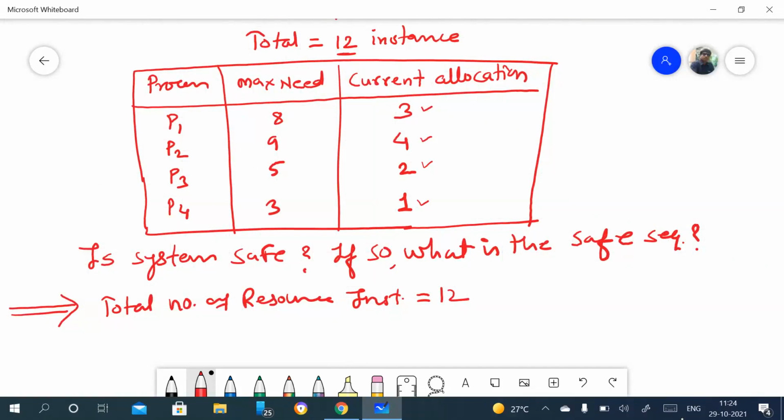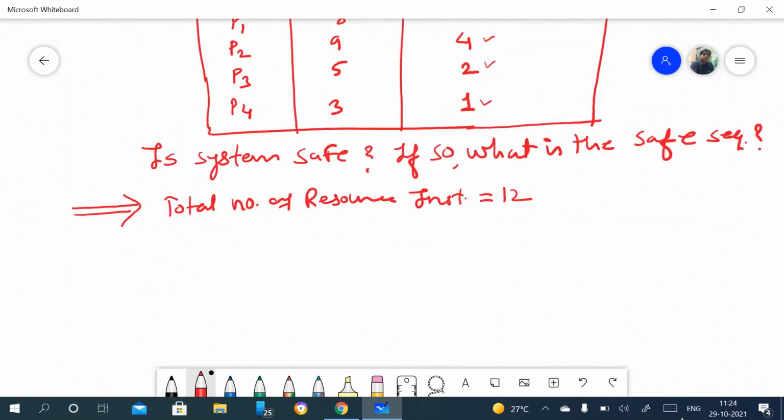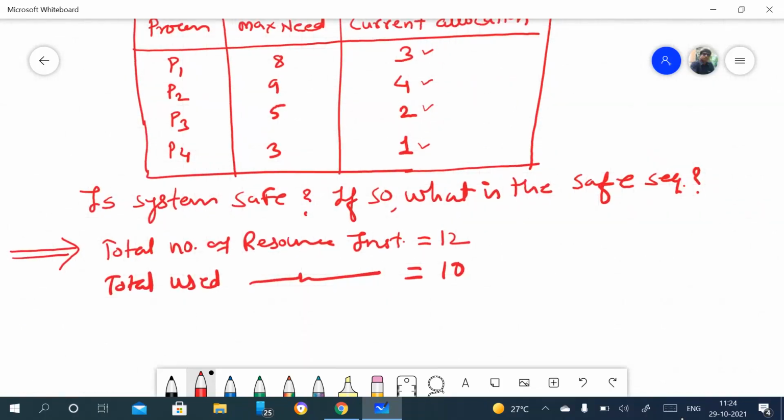So how much is the total? 3 plus 4, 7 plus these 3, 10. So we can say the total used resource instances are these 10. Just keep in mind, the total available is 12 and 10 are currently used by the processes. So how many resources are left in our hand? 12 minus 10, whatever that figure is, that number of resource instances we have in our hand.